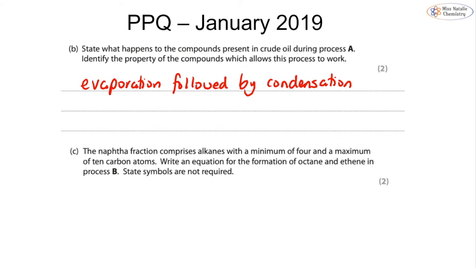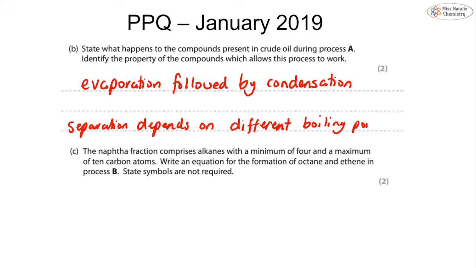So we evaporate the crude oil, it passes into the column, and then we condense it. And the property that allows this to happen is that the separation depends on the different boiling points.